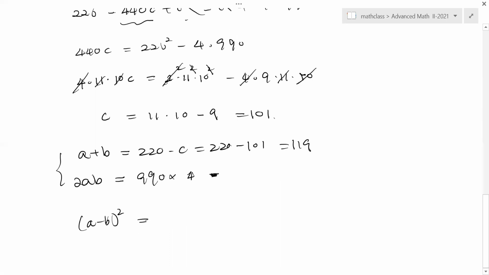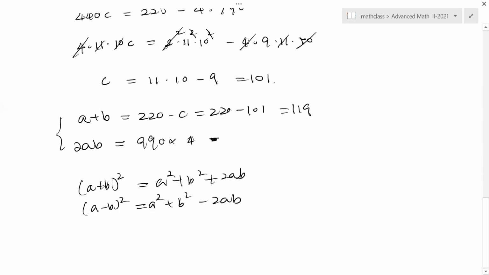So first, let's write down this. A plus B squared equals A squared plus B squared plus 2AB, and then A minus B squared equals A squared plus B squared minus 2AB. So I take the difference of those 2, right?